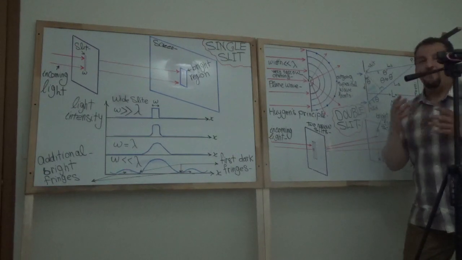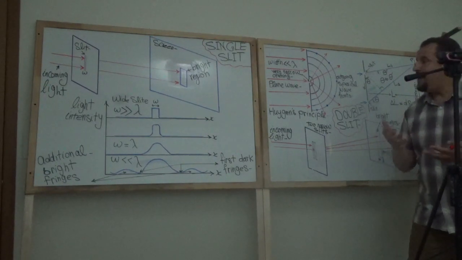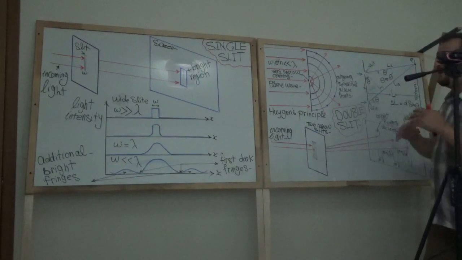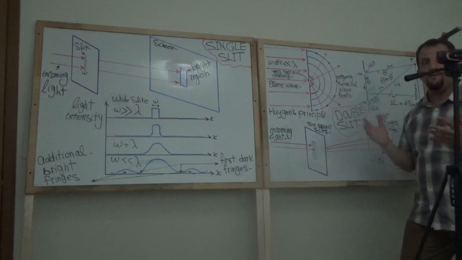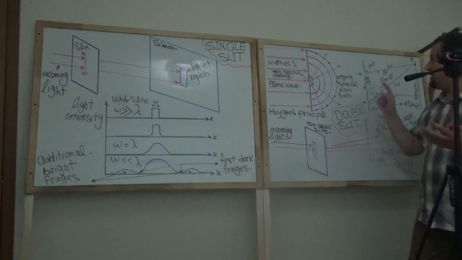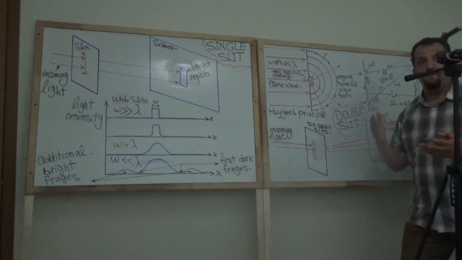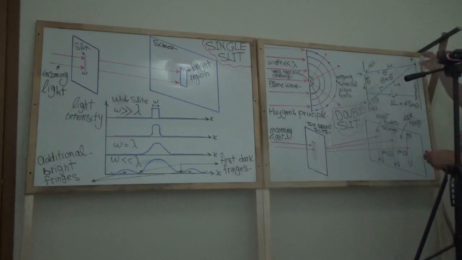If we have a phase difference, that will give us a dark spot here. If we have those two waves in phase, what will happen? You will have a bright spot. So it can happen here in the two cases.